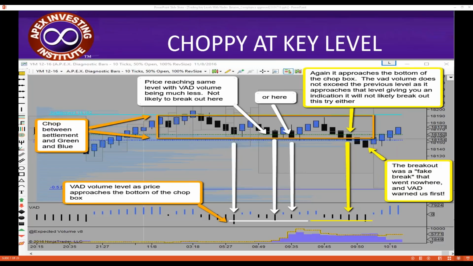And chop is actually your friend if you understand how to use it. Don't be worried about trading into chop. Wait for chop to come and trade out of chop. I talked about this a little bit last week, and I gave the example of your kids going outside and turning on the water hose in the backyard.